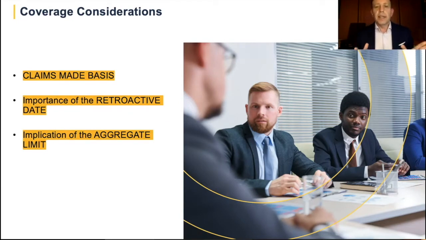So it means that if you've got a big board or a large company and they're buying a small limit of 5 or 10 million, if they have a claim where all of the directors are implicated, it's likely that you're going to run out of insurance cover. I was just involved in a claims meeting yesterday. It's a big business. It's a listed company.